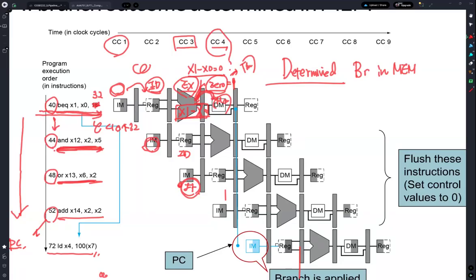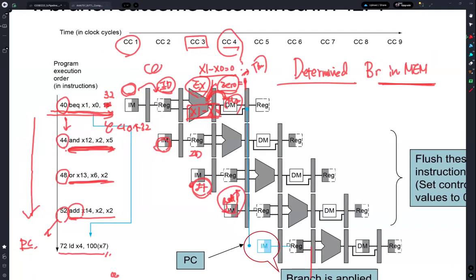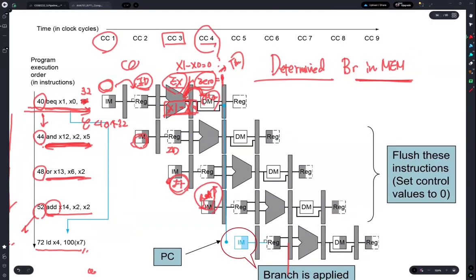So we can say that the branch is determined in the memory stage. Okay, so zero is here. When the branch is in the memory stage, the add instruction is also fetched, right? And then we can find that our branch is true.